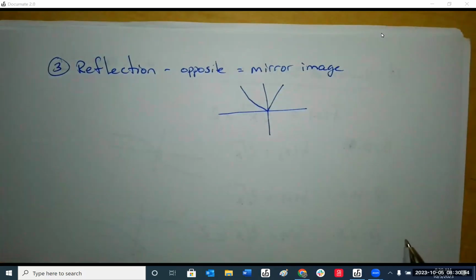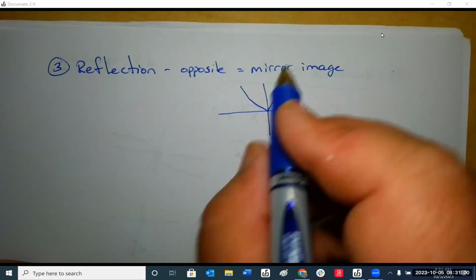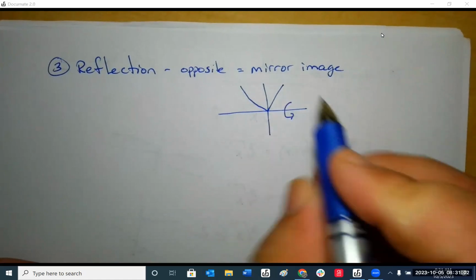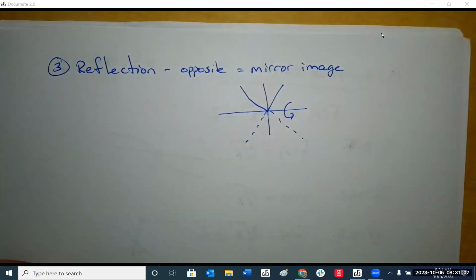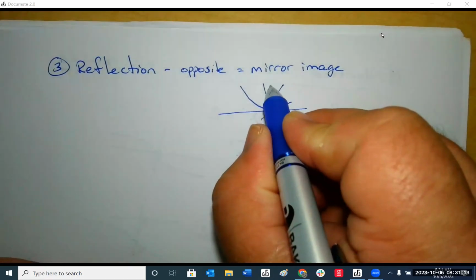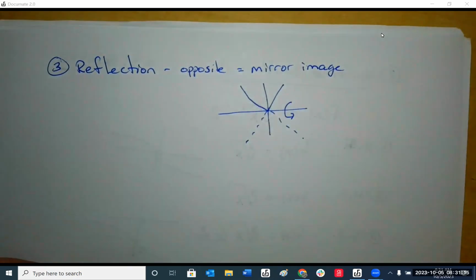So the mirror image, the reflection of this one, if we flip it across the x-axis, it will look like this now. If we flip it along the y-axis, it'll look the same.